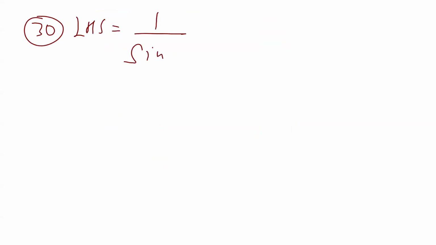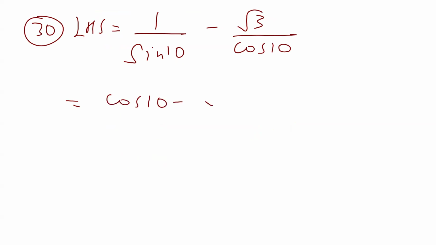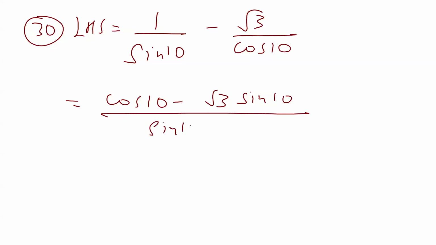Let us go to question number 30. Left hand side: 1 upon sin 10 minus root 3 upon cos 10. So this is equal to cos 10 minus root 3 sin 10 upon sin 10 into cos 10.